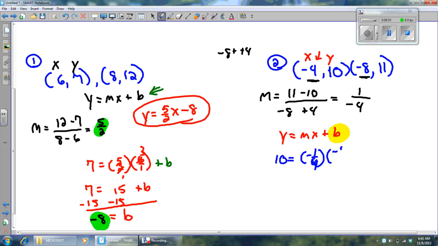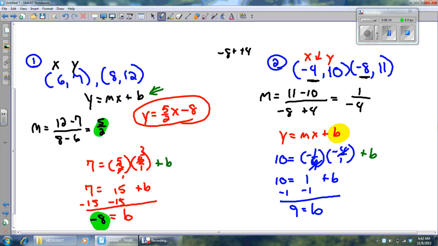X is negative 4 over 1. And then I'm solving for b. All right, so I'll have 10 will equal, those will cancel, negative times negative, positive 1 plus b. Subtract 1 from both sides, and I'll get 9 equals b.